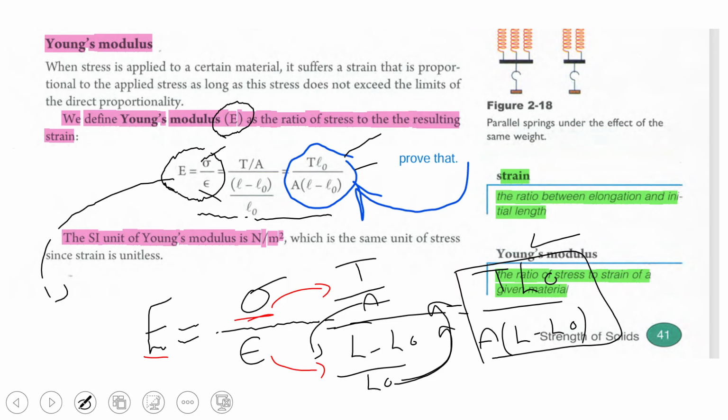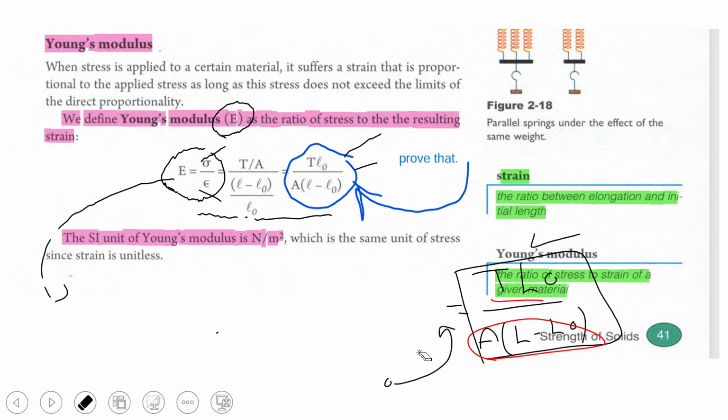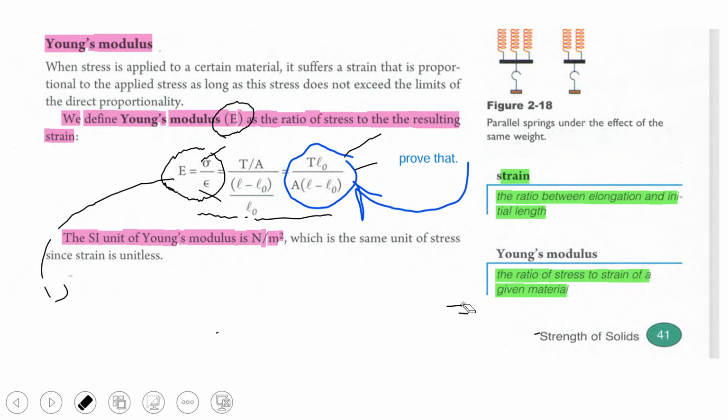In this step, move L naught up and bring the area down. The area comes down next to L minus L naught, and L naught moves up, becoming T L naught. So this is the proof of the rule of Young modulus.